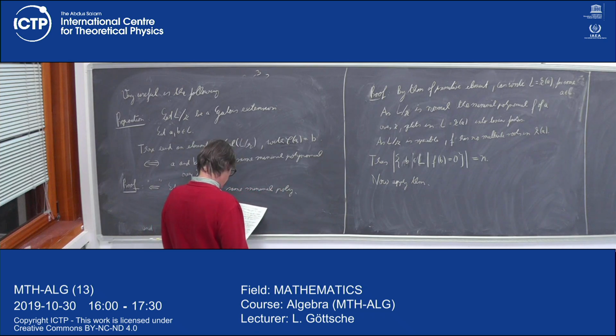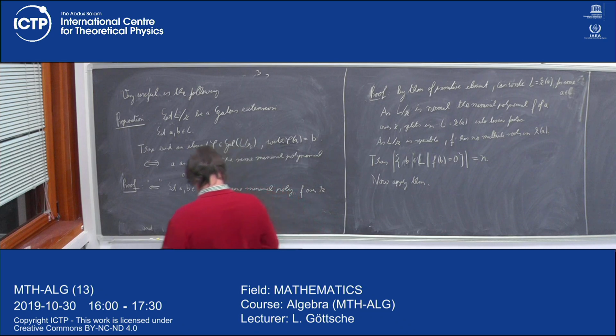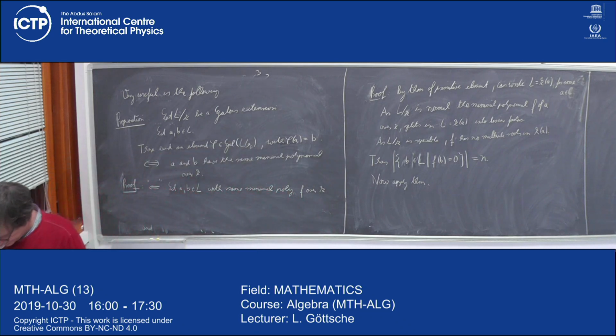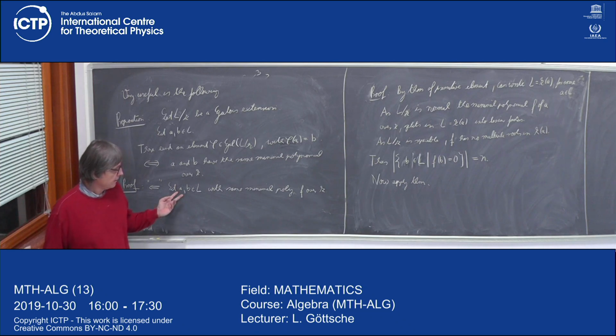Call it F over K. So we know that in this case, if two elements have the same minimal polynomial, we have this extension of field homomorphisms to simple algebraic extensions.